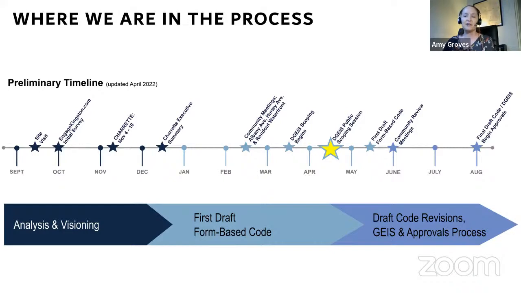The idea is that we're identifying what the significant issues are that need to be included within the scoping. That way, when we have a first draft of the code, we'll be able to get into that analysis work right away and work up the two simultaneously, so that as we are reviewing and refining the code, we'll also be doing that analysis work and moving forward towards next fall, having both of those completed.